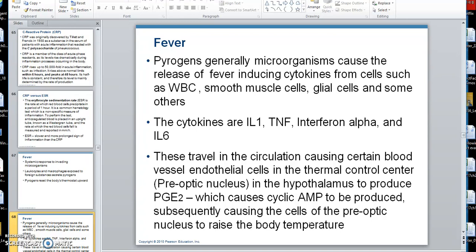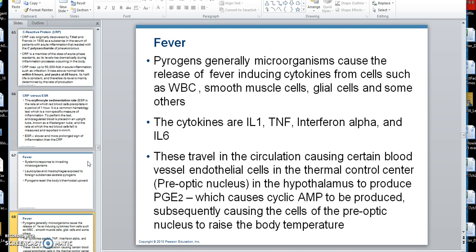So the hypothalamus then, being influenced by PGE2, let's say it sets the thermostat up to 103. Now, this is what I'm saying. So now the thermostat is set up to 103. Now, let's say right now you are 100, which is still a little hot, but you're 100.